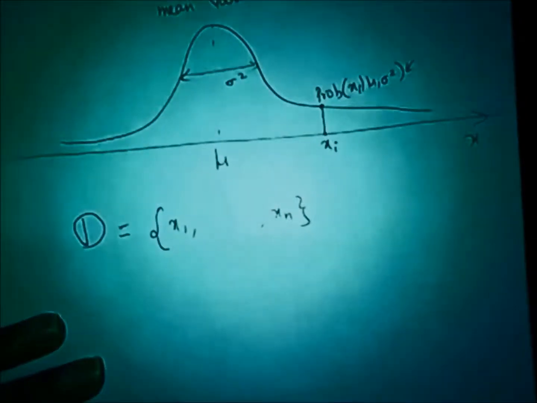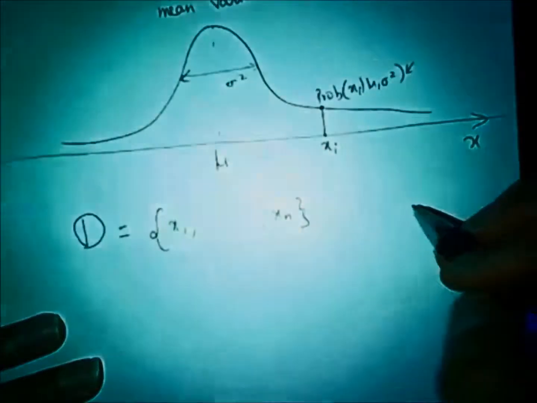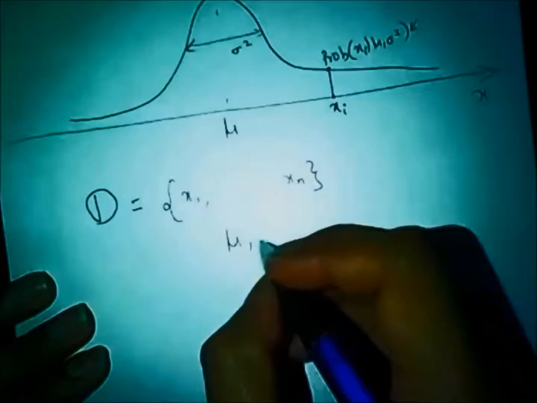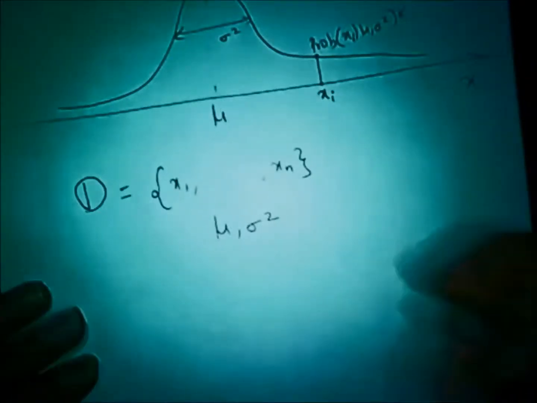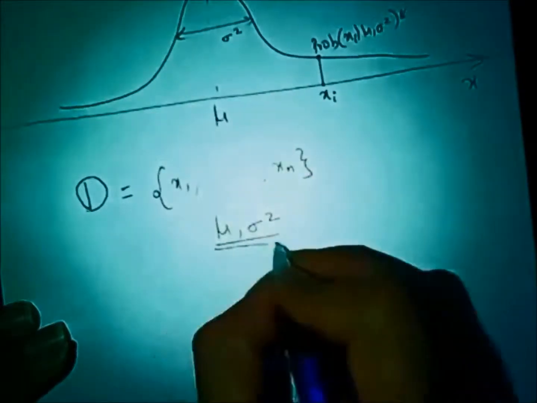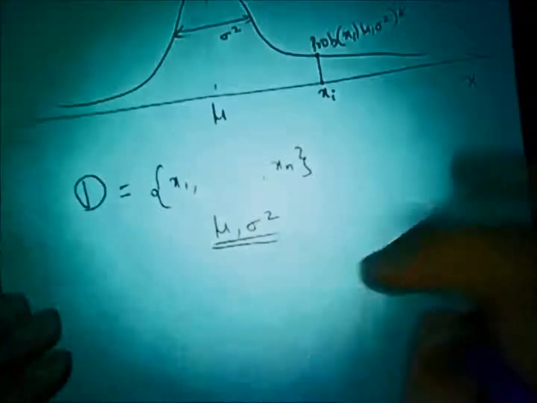So we have n samples that we have already sampled from the Gaussian distribution, and our goal is to estimate the parameters mu and sigma squared. So like how we estimated the parameter mu in a Bernoulli distribution earlier on, now we are going to get a maximum likelihood estimation of mu and sigma square.